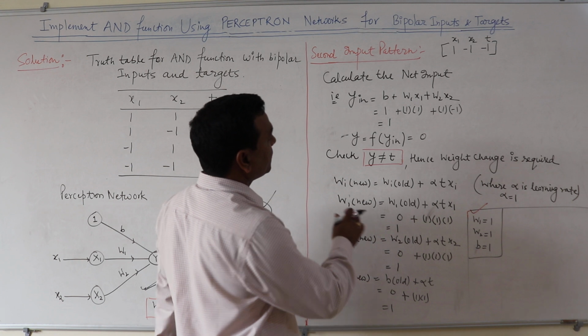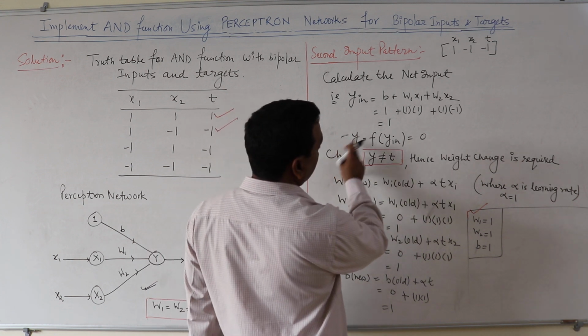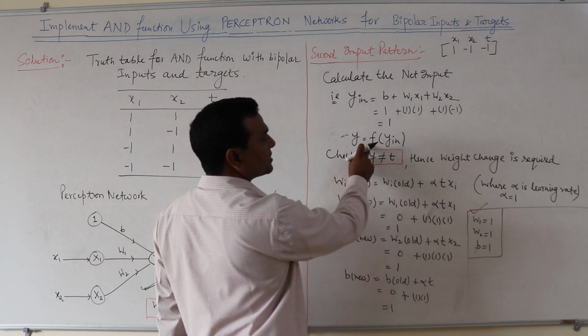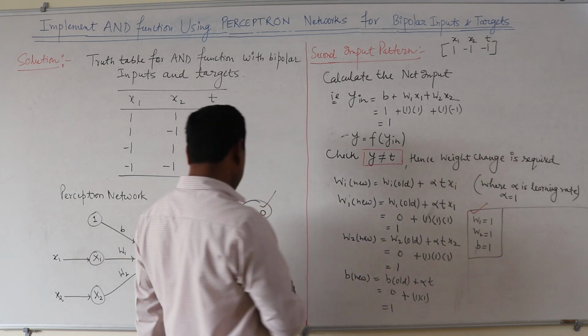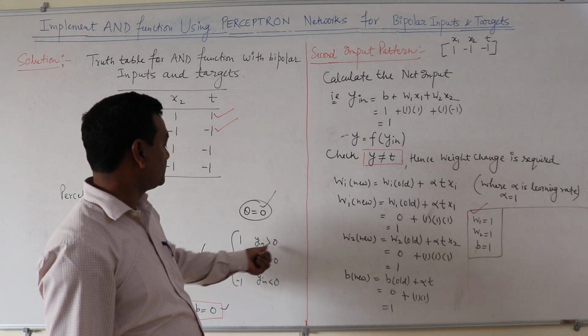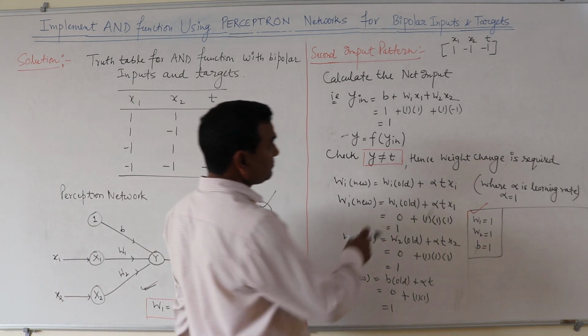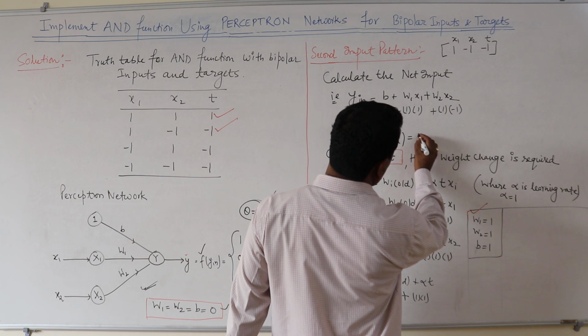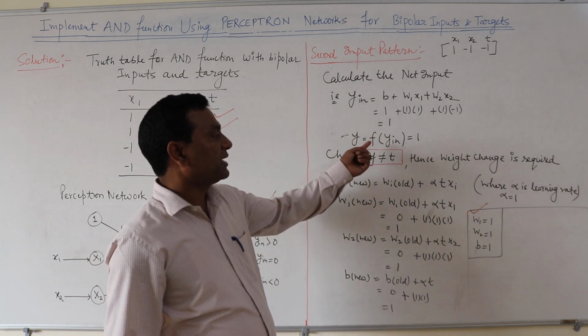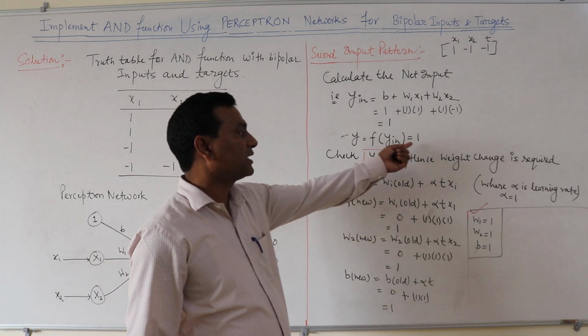Now we will apply the activation function on this. This is 1 and it is greater than 0, so y will be 1 after applying the activation function.